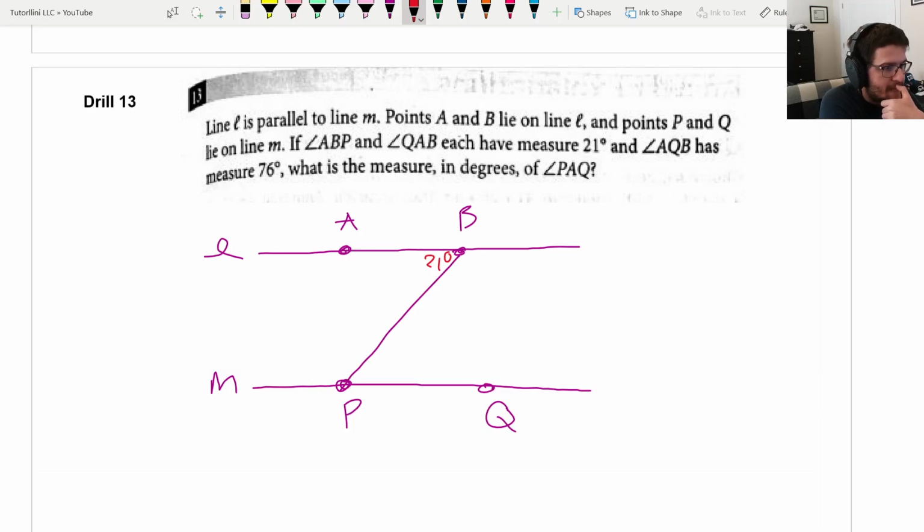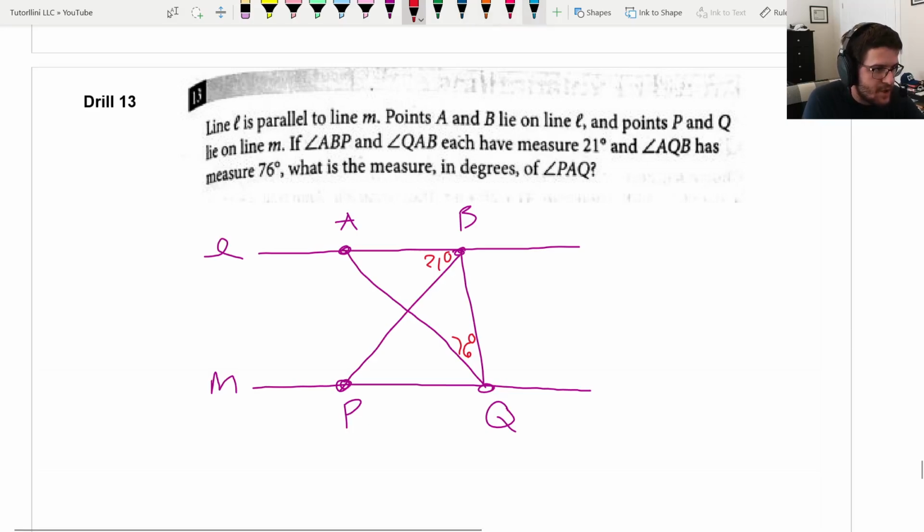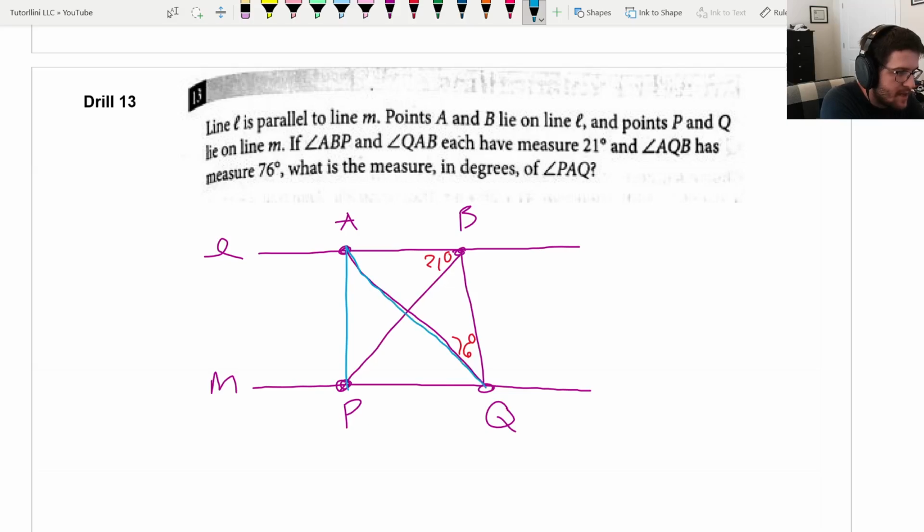And AQB has a measure of 76. What is the measure of PAQ? Okay, so that would be this one, PAQ, and I'm going to label that with an X.